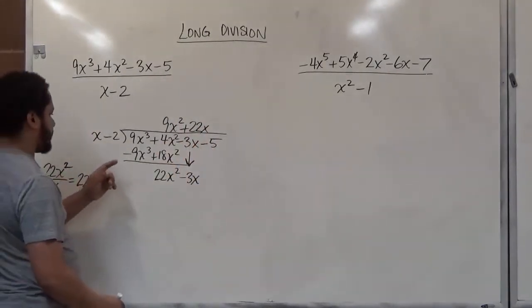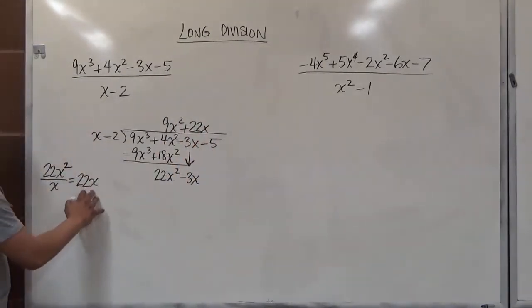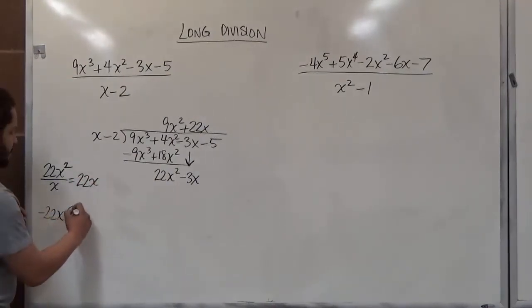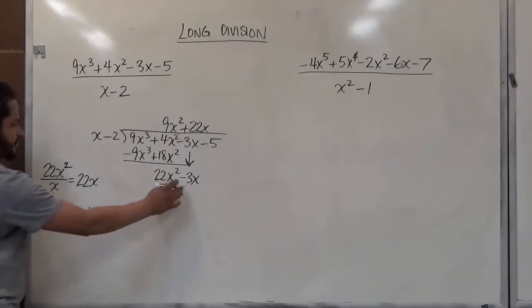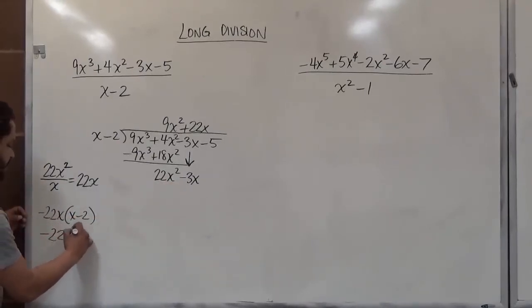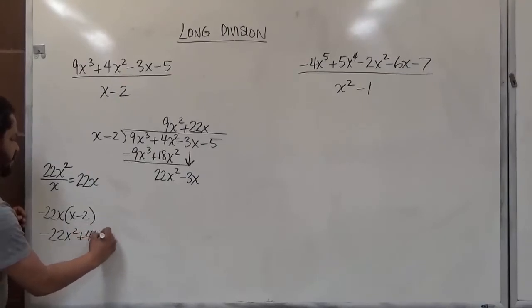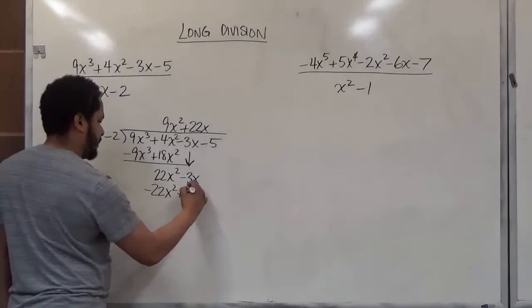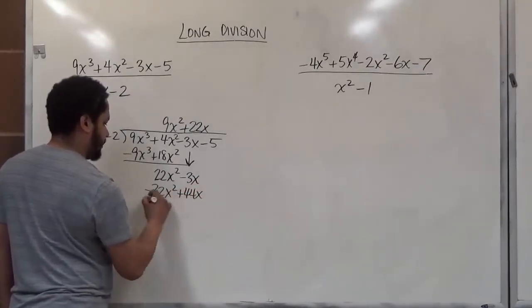And then we're going to take the product of the opposite of this number, negative 22x, and the divisor, x minus 2. This is going to give us our subtractor here, so we're going to multiply these two. We get negative 22x squared and positive 44x. So let's line that up, negative 22x squared plus 44x.